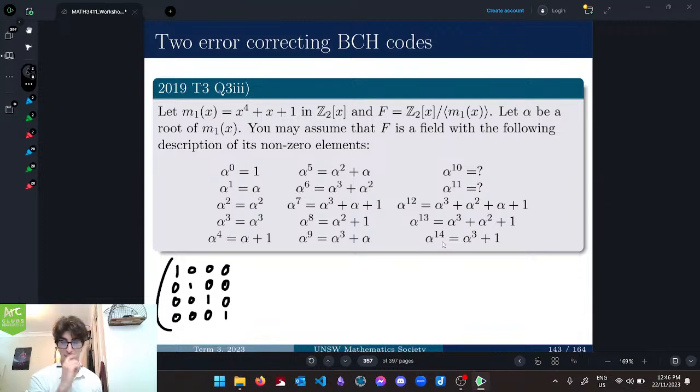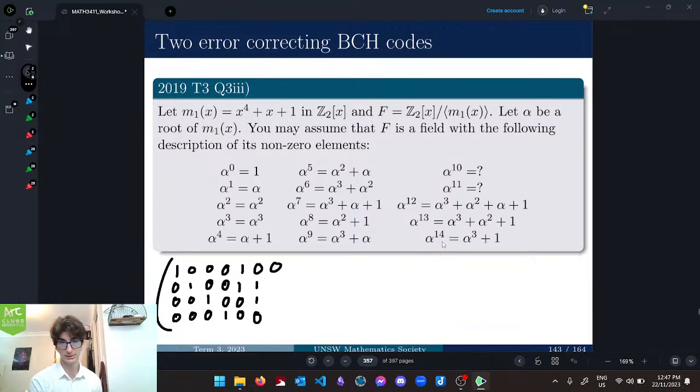So we know that those first 4 bits are just the identity matrix. And then alpha to the 4 is 1, 1, 0, 0. I'll maybe do a few more just to show the construction of this matrix.